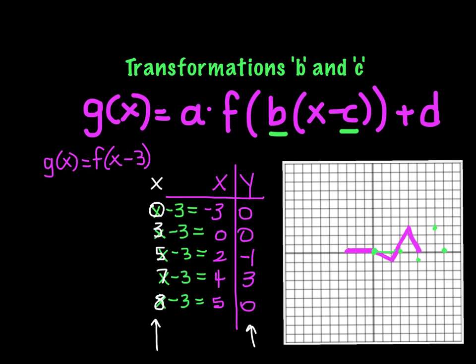And my new function will look like this. So you can see basically all I did was I took the purple function and I shifted it forward 3. This is called a horizontal shift to the right 3.